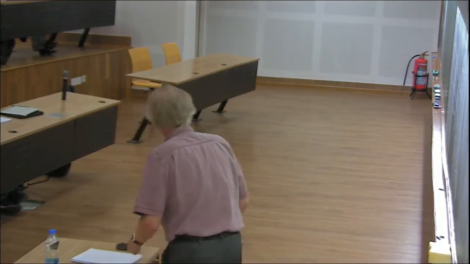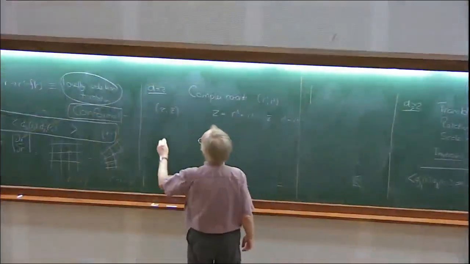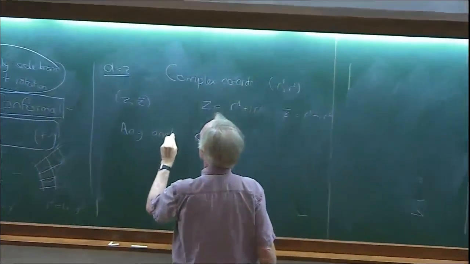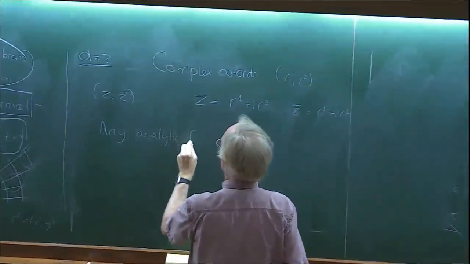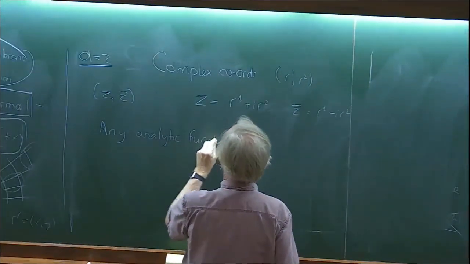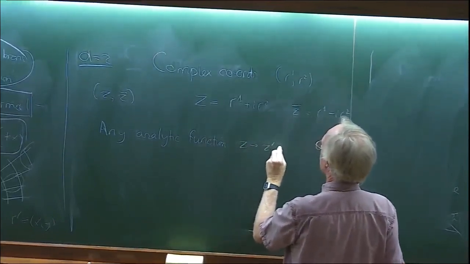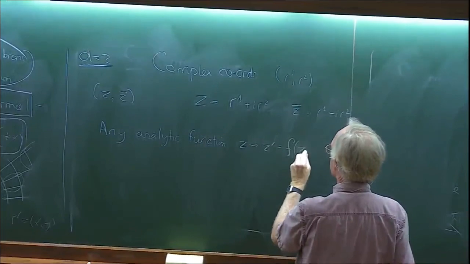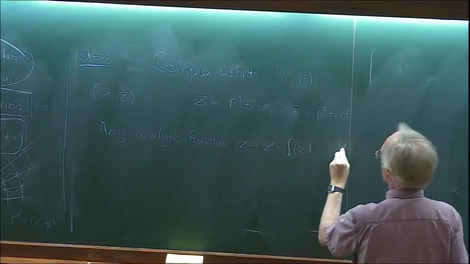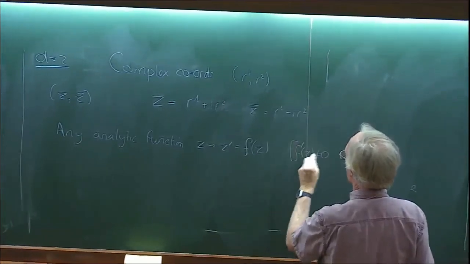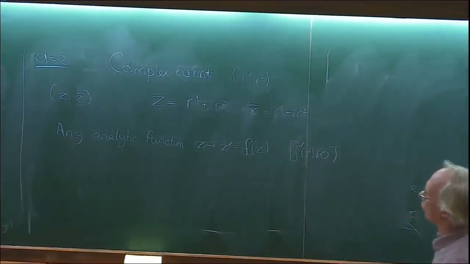Okay, so the point is that any analytic function, Z goes to Z prime equals f of Z, such that f prime of Z is non-zero, corresponds locally to a conformal mapping.